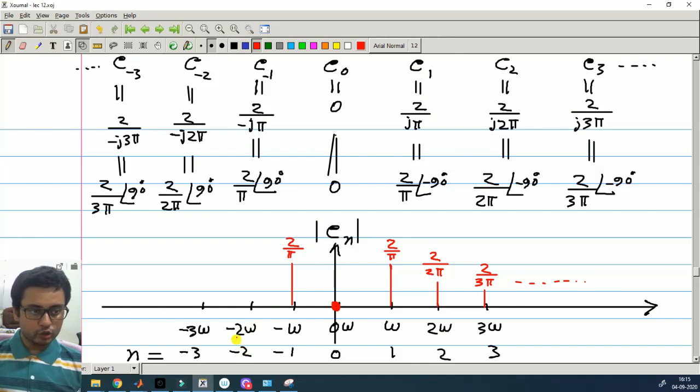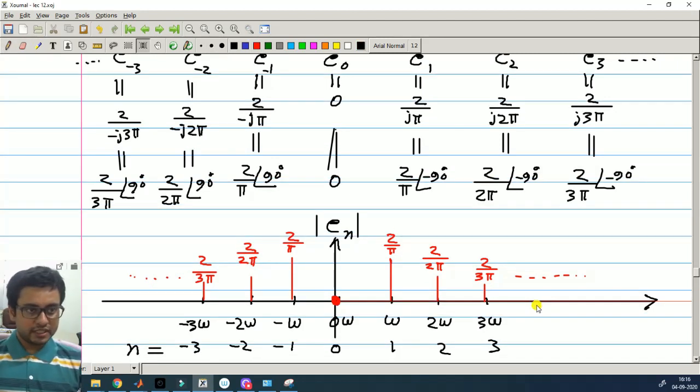Then for n equal to minus 2, C minus 2 has a magnitude of 2 over 2 pi, like this. Then for minus 3, C minus 3 has a magnitude of 2 over 3 pi, and so on.